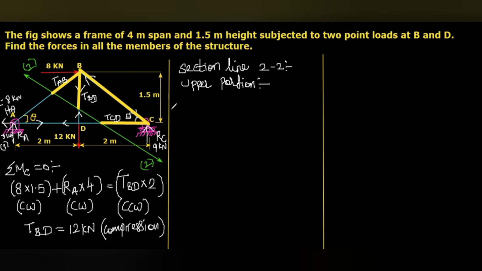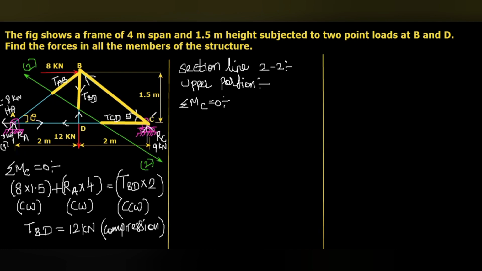First I am going to take moment about C, and that equals 0. Here you can see when I take moment about C, I told you there are 5 forces: 8 kilonewton, TAB, TBD, TCD and RC.